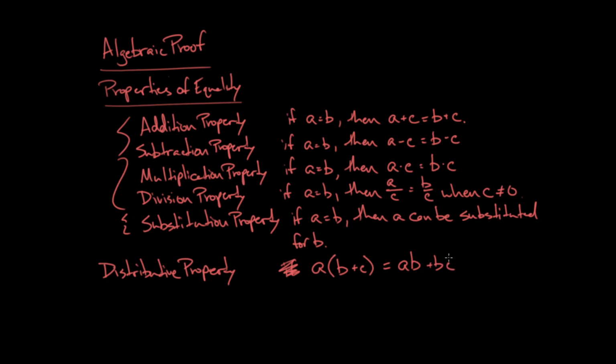I don't have a different one for subtraction, obviously, because this could just be talking about a negative number here or here. So these are my 6 properties in total that I'm going to use to justify the algebra that I'm doing. Again, nothing new, nothing shocking here. You've been using these for a long time, just maybe haven't been calling them by these names.